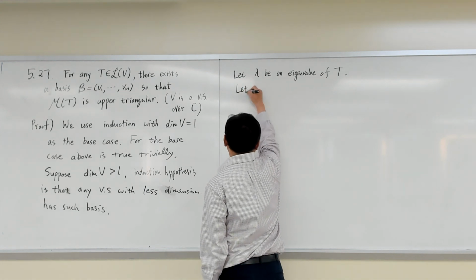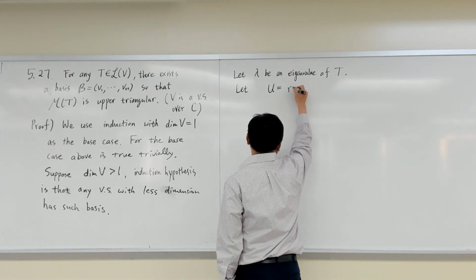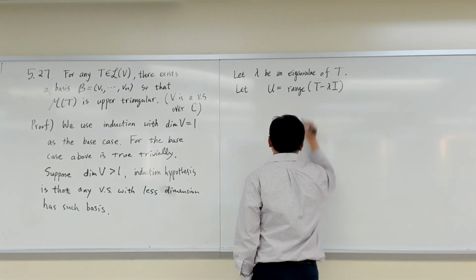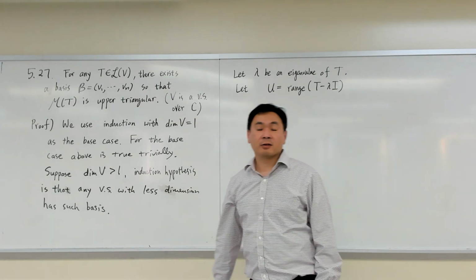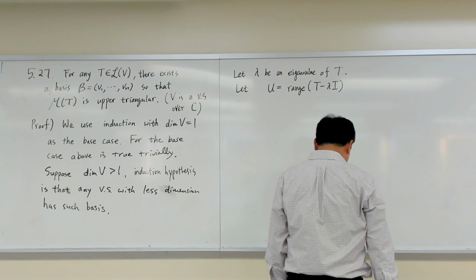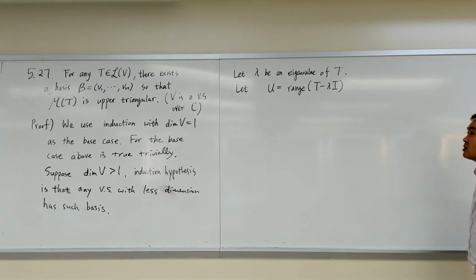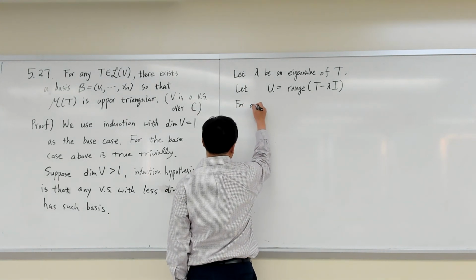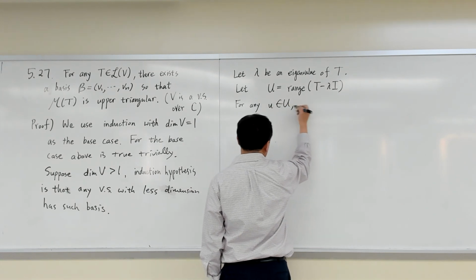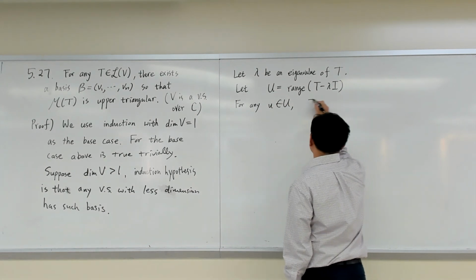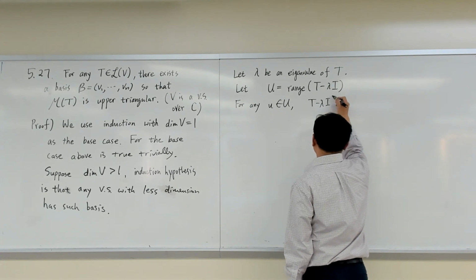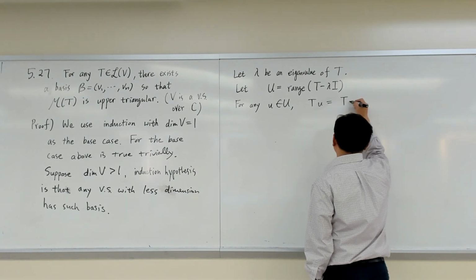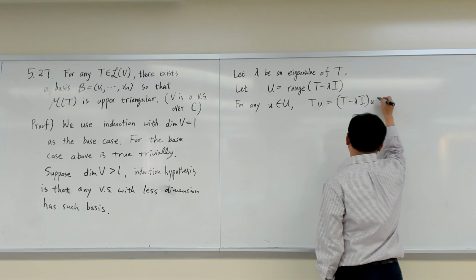Let U be the range of T minus lambda I. Now then, U is an invariant subspace of T. So let's see why that is so. For any u in U, you see that T applied to u is equal to (T minus lambda I)u plus lambda u.